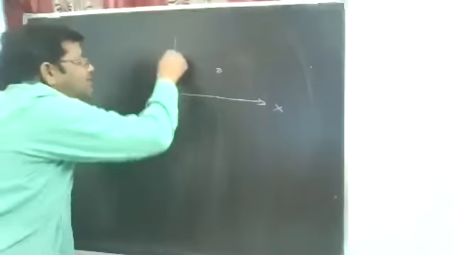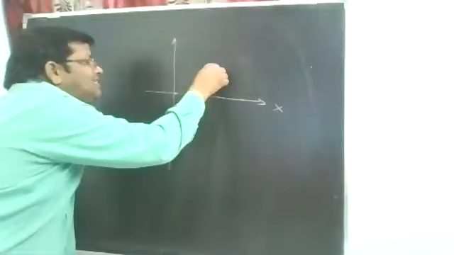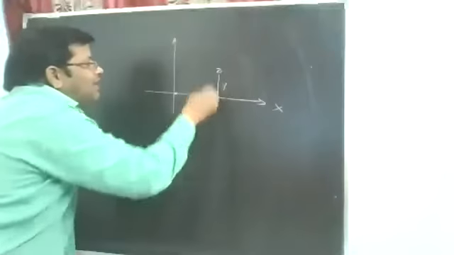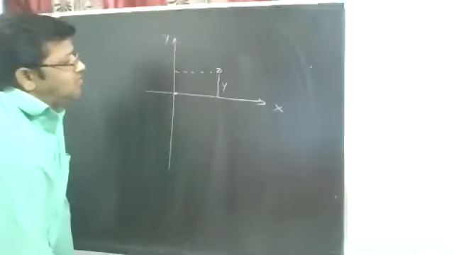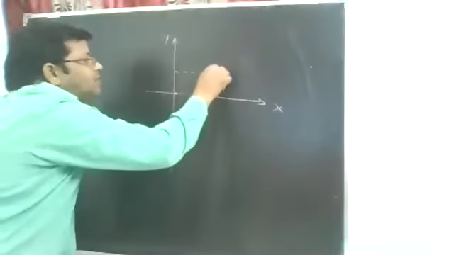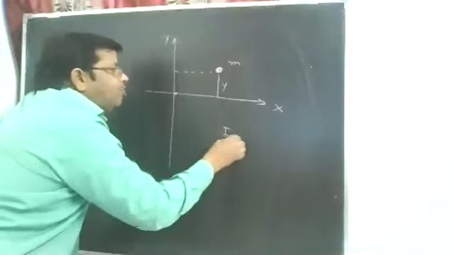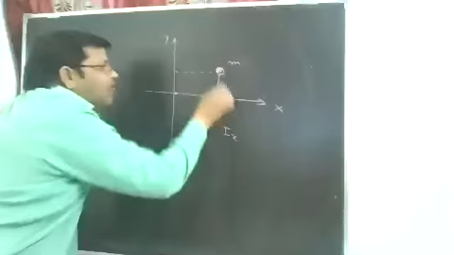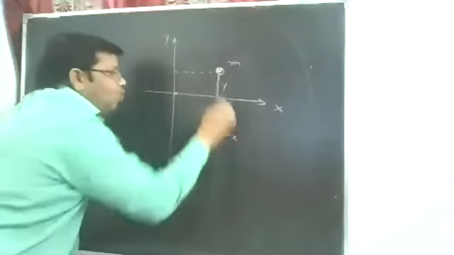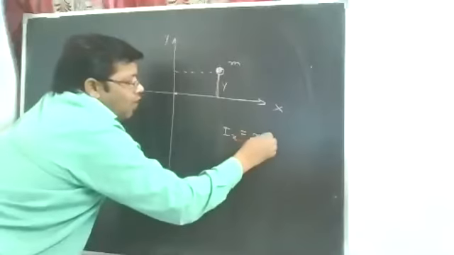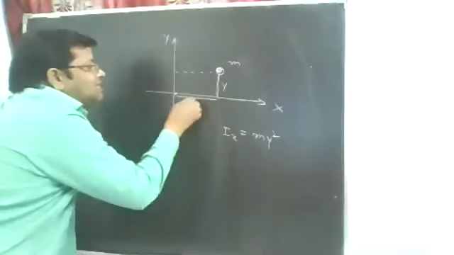This is the y-axis, and this distance is the y coordinate. What is the mass of the body? M. If we determine the moment of inertia of the body of mass m about the x-axis, it will rotate about this axis, and the perpendicular distance is y. So Ix is equal to m y square. Now, this distance is x.